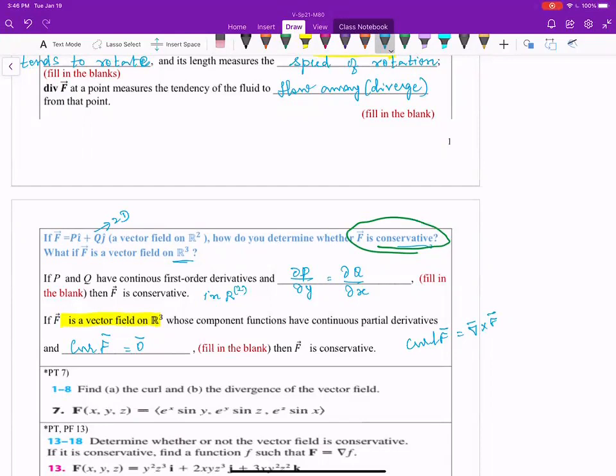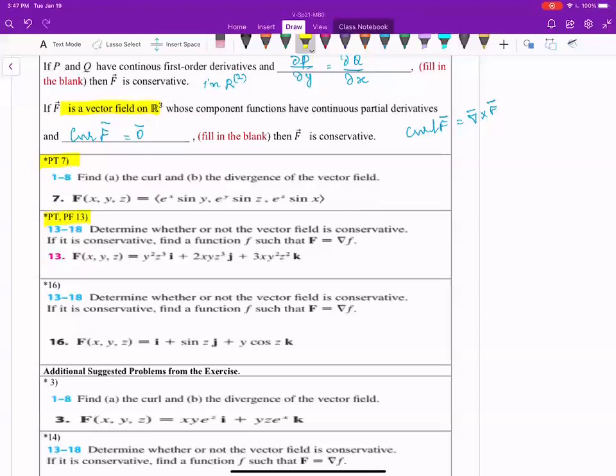If it is a 0 vector, then F is a conservative vector field. So you might want to check the videos for section 16.5 for problem number 7 and 13. Refer to the section videos.